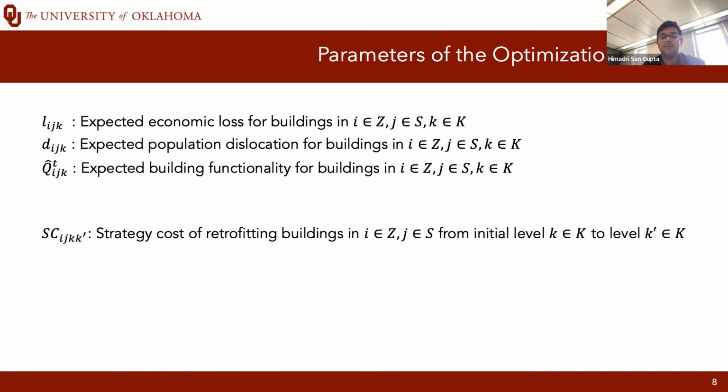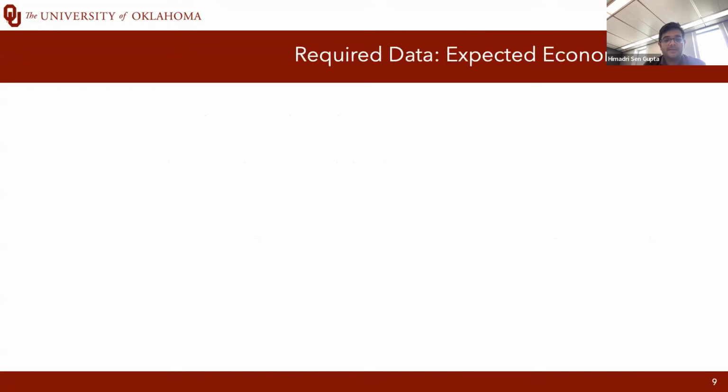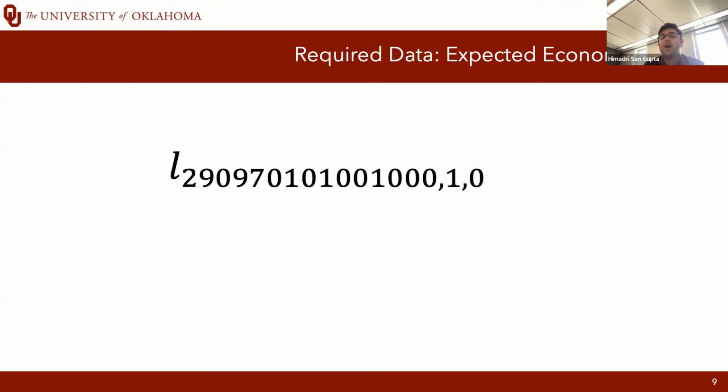And after that, I'm considering another major parameter of my model, which will work for balancing my cost and benefit analysis for this optimization model. And this is an overview of what data is required for running this model.